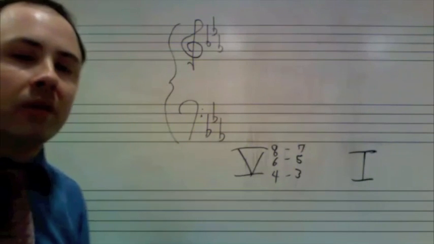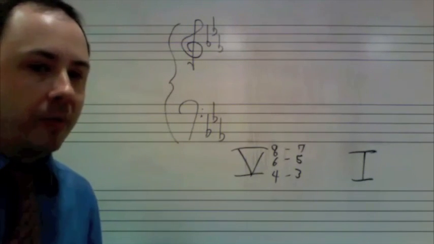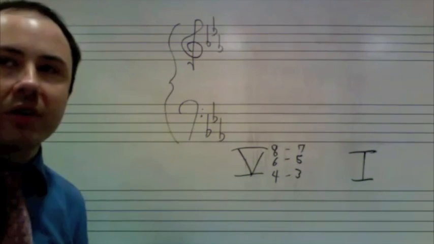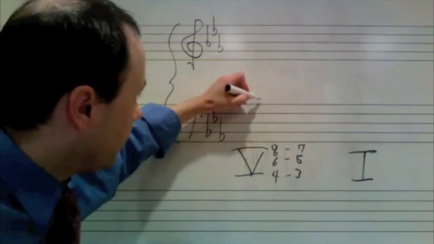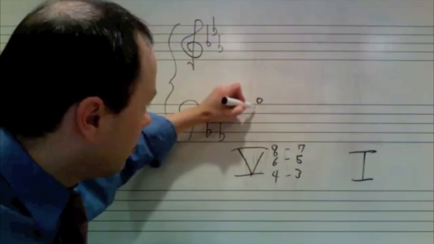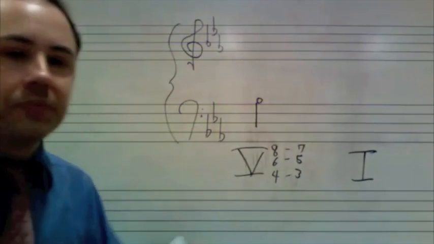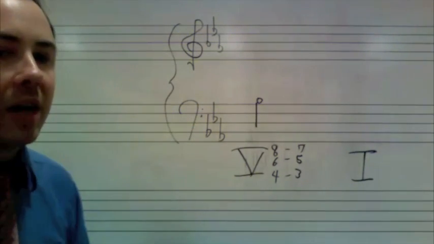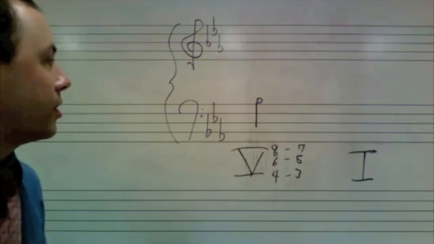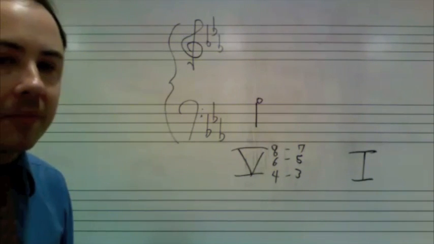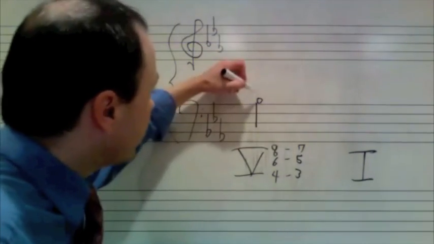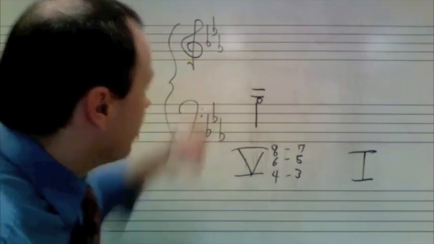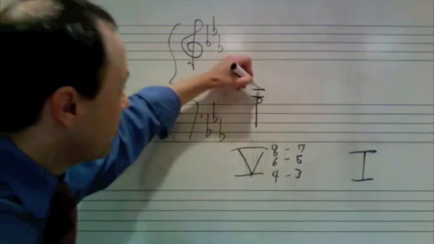You put the root of your 5-chord in the bass, which in the key of E flat major is B flat. I'm going to put it up here. I'm going to have 8/7, 6/5, and 4/3 above it. Say, for example, in my tenor voice, I have the 4th above B flat, which is E flat.